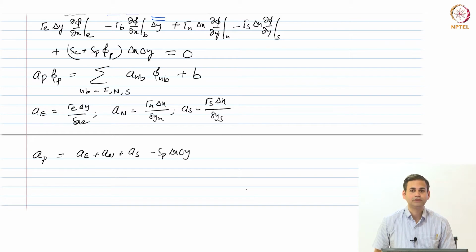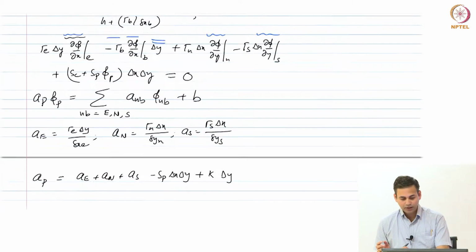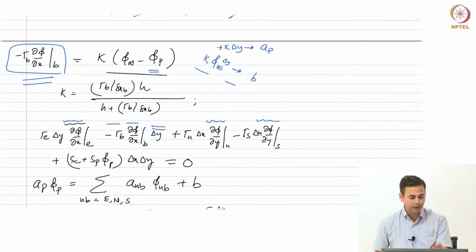Anything else? Plus k times phi infinity. No, phi infinity will go to the right hand side. What would go into here? K times delta y. K times delta y times phi p is what we got here. Essentially k times phi p times delta y.